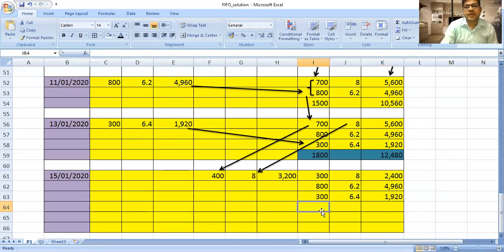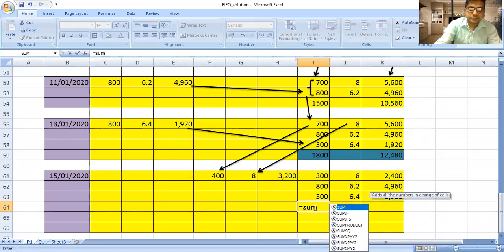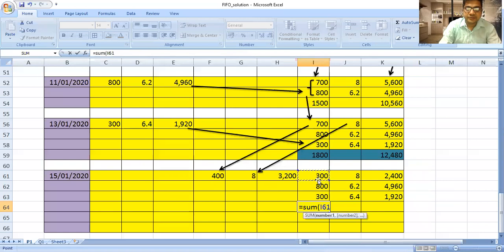Now friends, we have to find out the total of the units available in our stock ledger. 600 plus 800 plus 300.